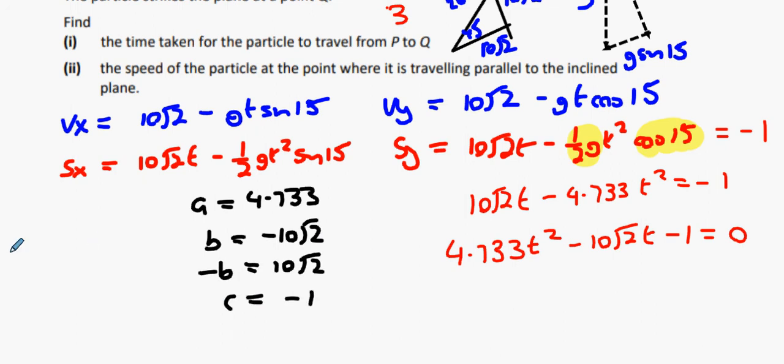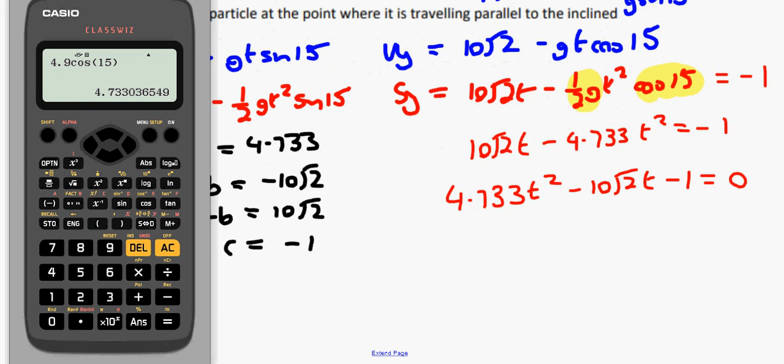We're going to do the minus b formula in the calculator. Minus b, which is going to be 10 root 2, plus the square root of b squared, which is minus 10 root 2 squared, minus 4ac, so minus 4 times a times c, all over 2a, 2 times 4.733.